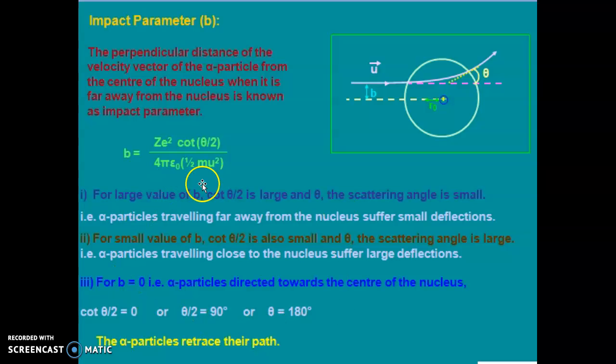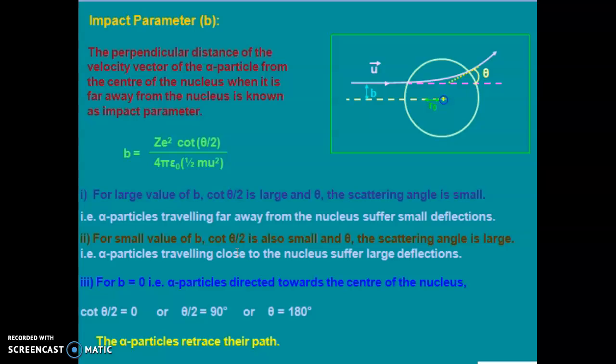It was found that for large values of b, cot theta by 2 is large and the scattering angle is small. This means an alpha particle traveling far away from the nucleus suffers small deflections.